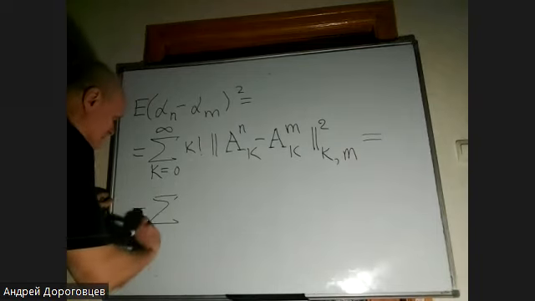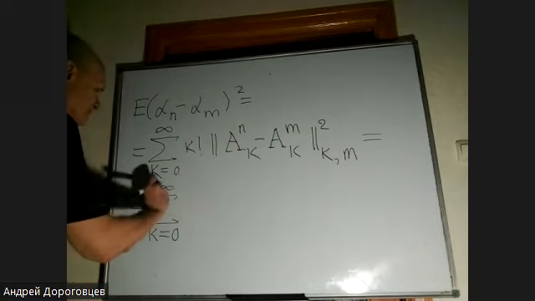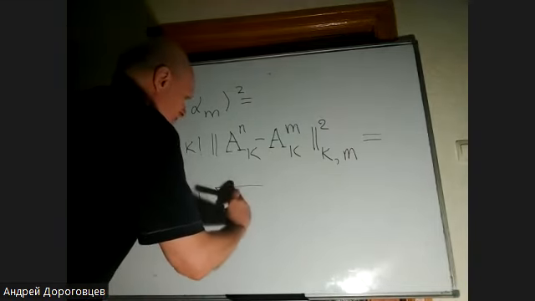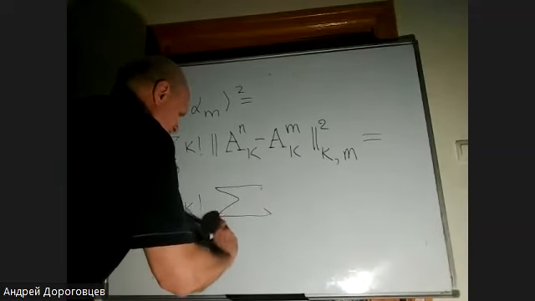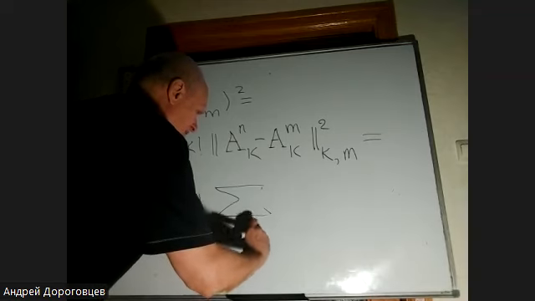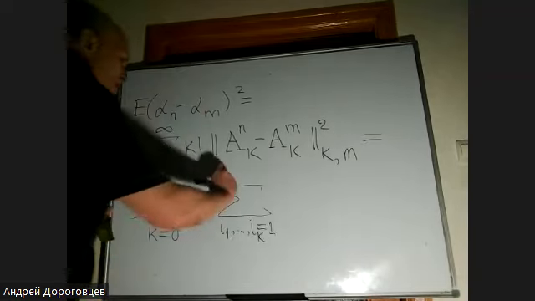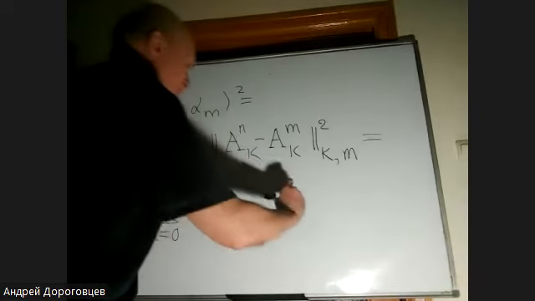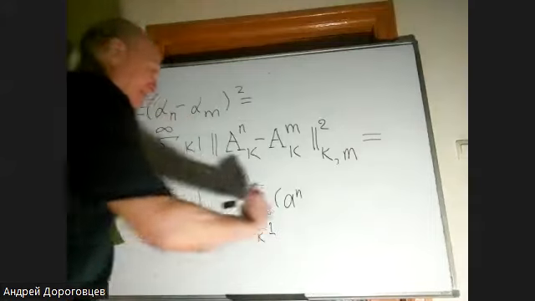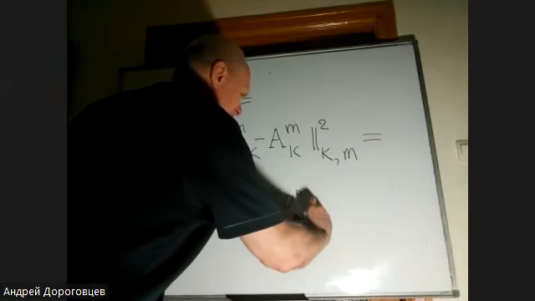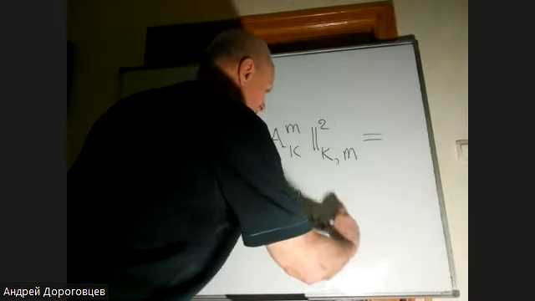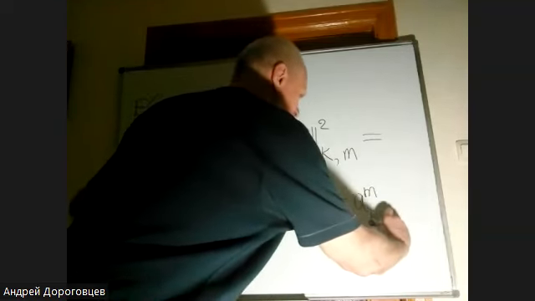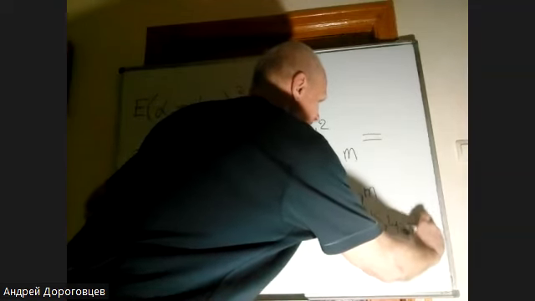It will look like this: k factorial, here is one sum, e_1 through e_k equal 1 to m, here is (a_k^n at e_1...e_k minus a_k^m at e_1...e_k) squared.